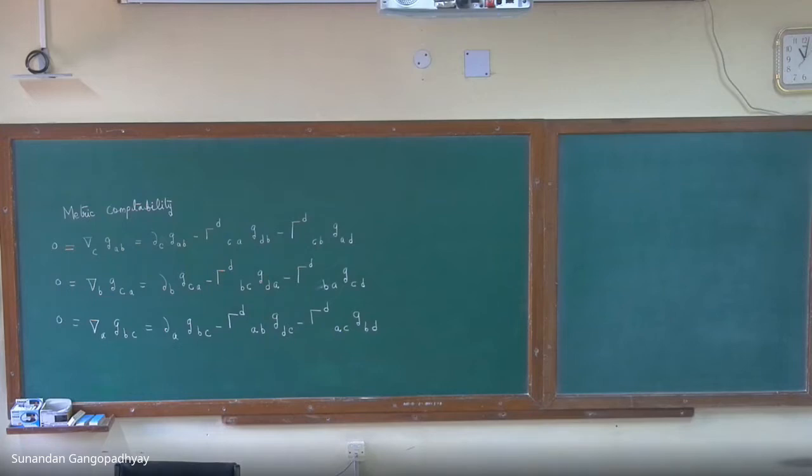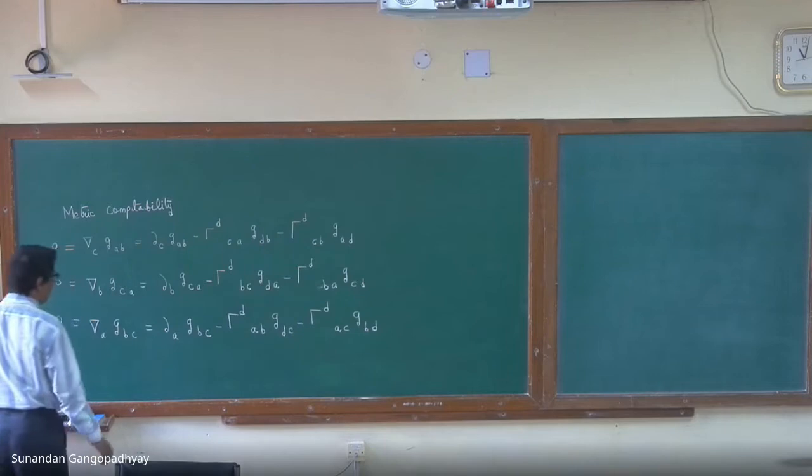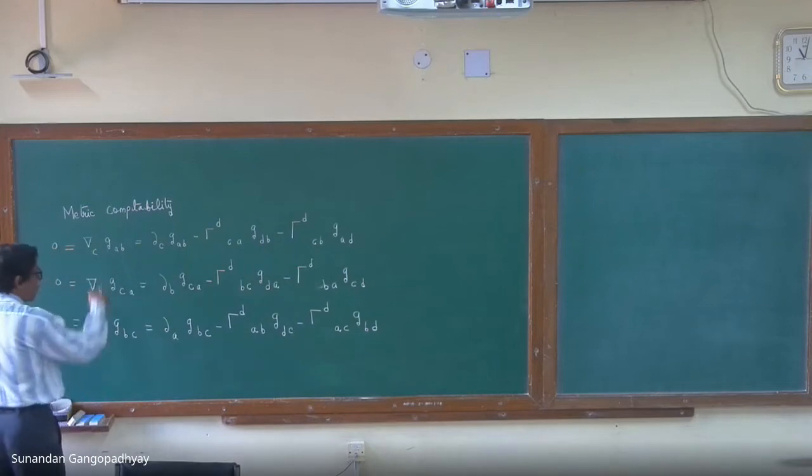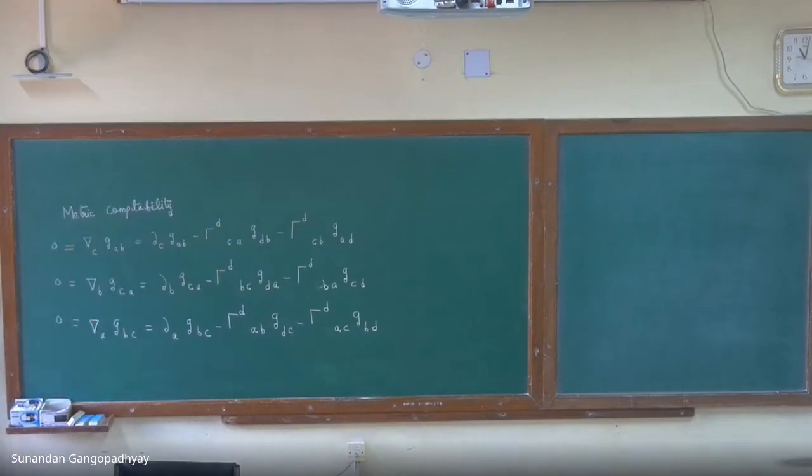So if you take this, what you can do is just add these two up and subtract this from this result. If you do that, you can immediately see that some of the terms will cancel.